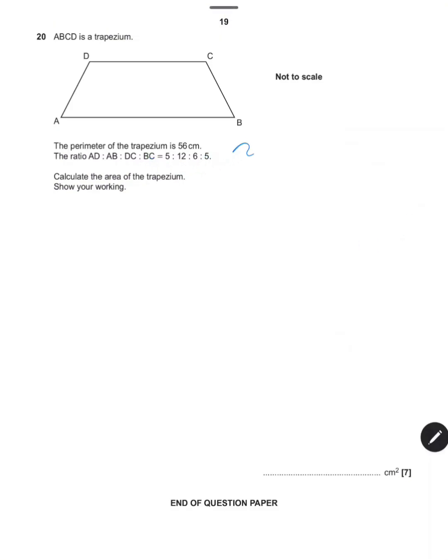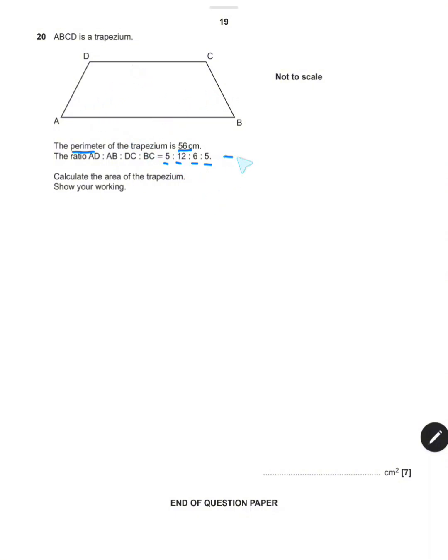Question 20 of this exam, we've got a trapezium, and we're told that the perimeter is 56 centimeters. So all the way around this edge, 56 centimeters, and we've got ratios of the sides of 5 to 12 to 6 to 5. So what we're going to need to do first is divide the perimeter into this ratio to get individual side lengths.